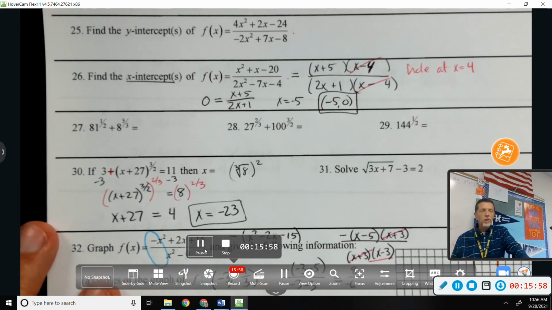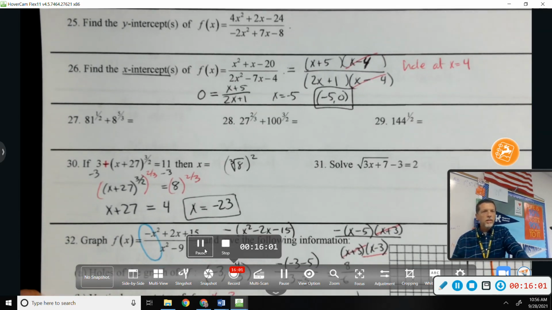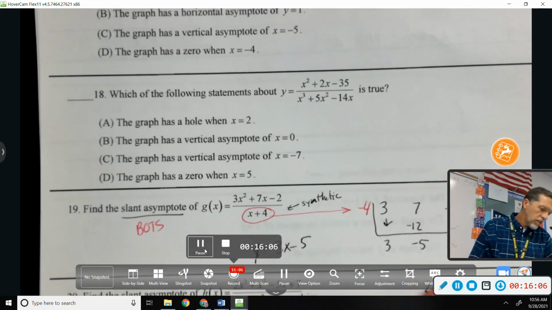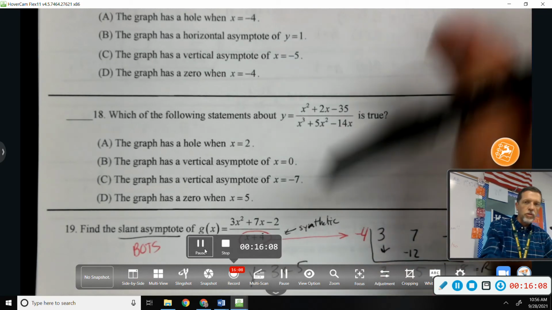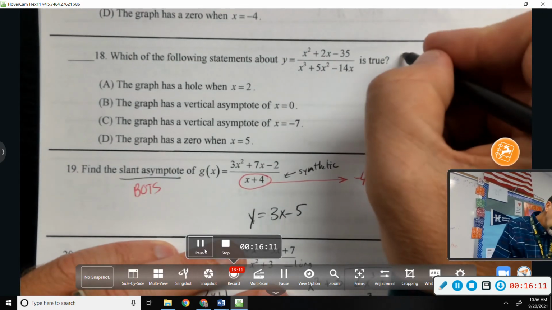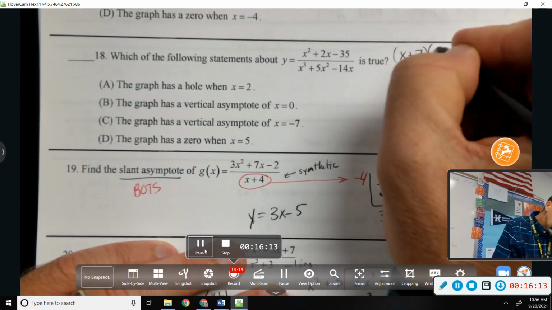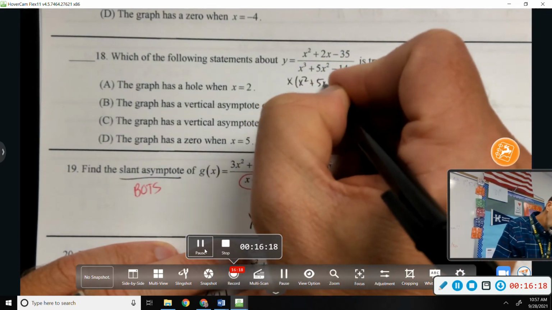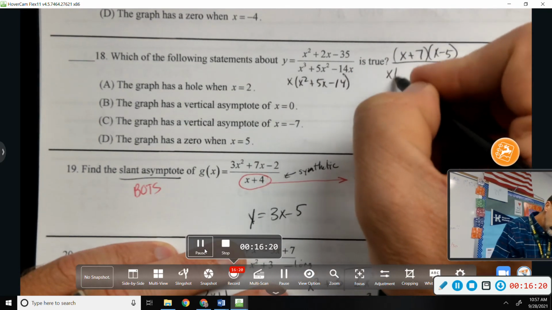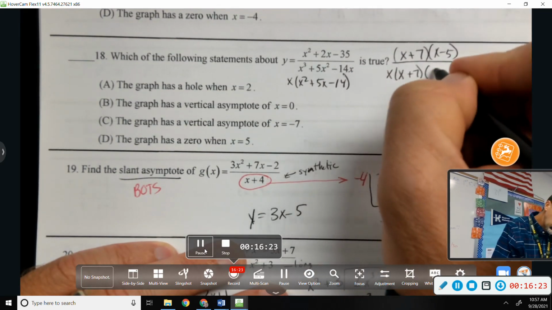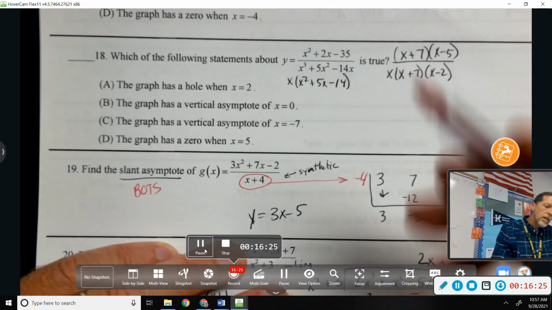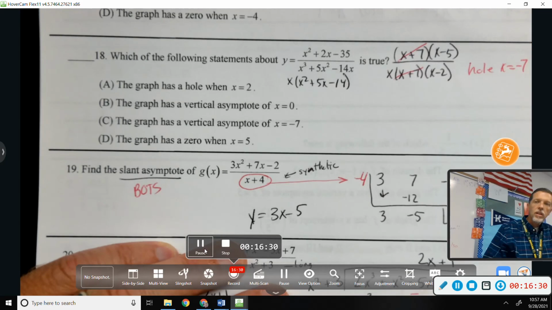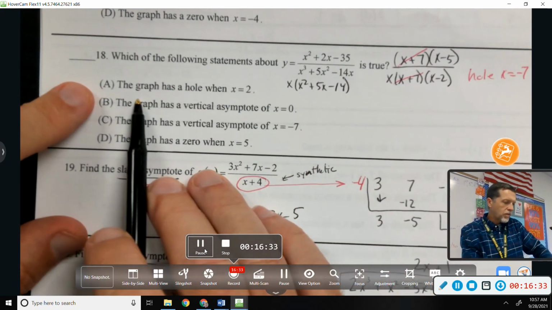You're welcome. Okay. For 18, which of the following statements is true for 18? All right, so let's factor it and see what happens. So x plus 7, x minus 2 in the bottom. So I've got a hole at x equals negative 7. I'll start looking at the choices here.